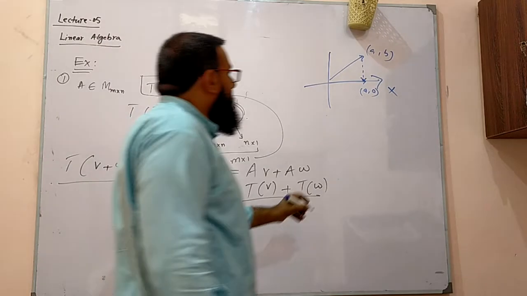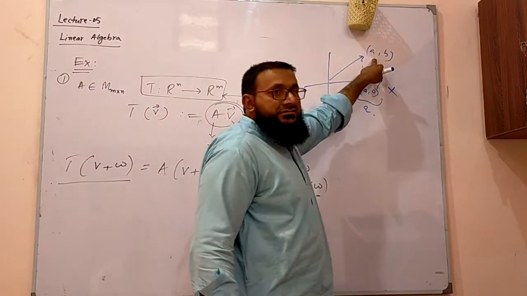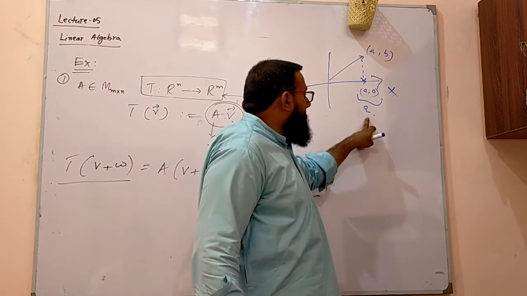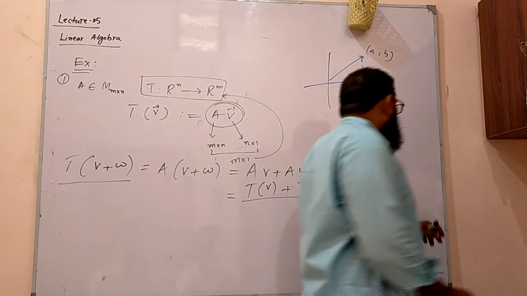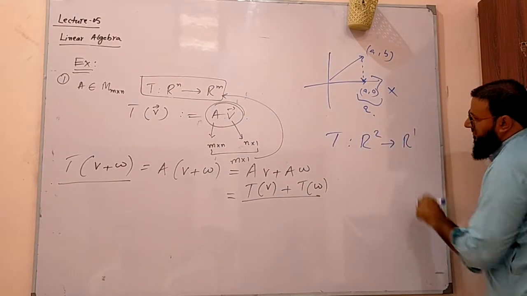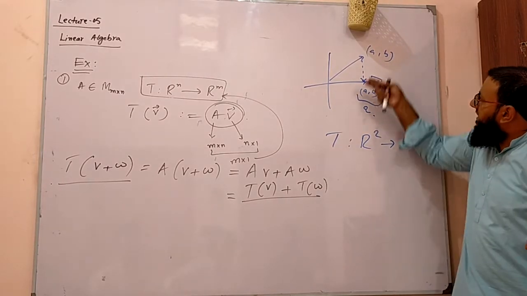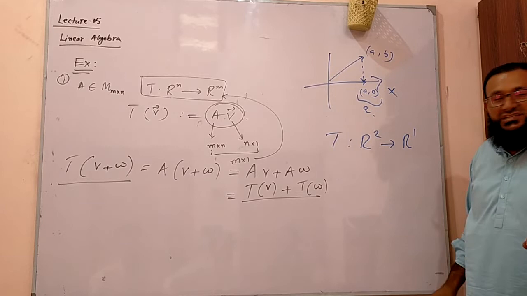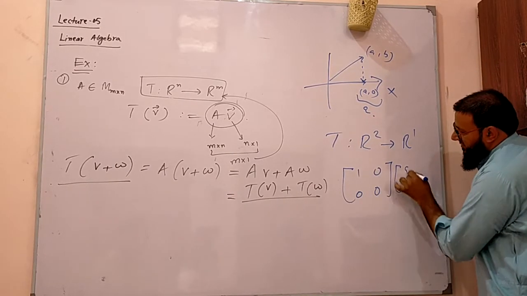So you have a two-dimensional vector and you are transforming it to one-dimensional. It means this is a linear transformation from R2 to R1. And you can also define a matrix for this linear transformation, and the matrix would be this one.